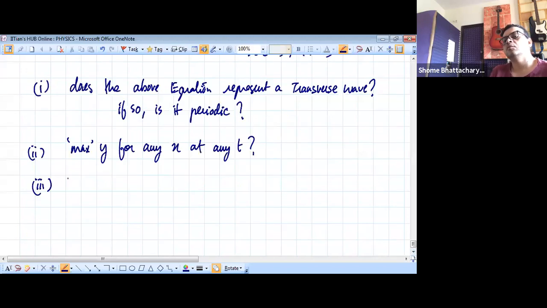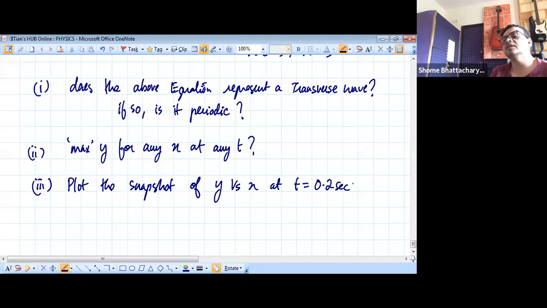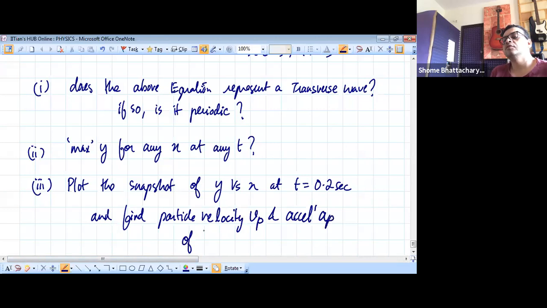Third, plot the snapshot of y versus x at t equal to 0.2 seconds and find the particle velocity and particle acceleration of the particle at x equal to 0 at the instant t equal to 0.2 seconds.